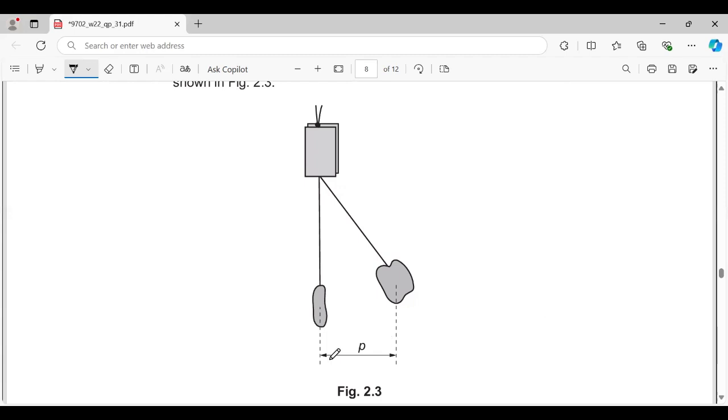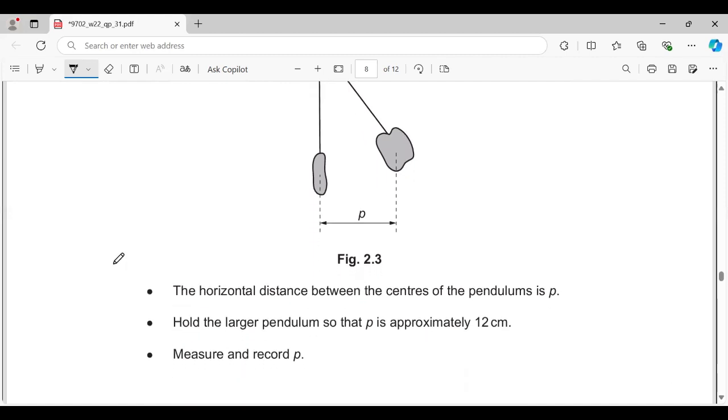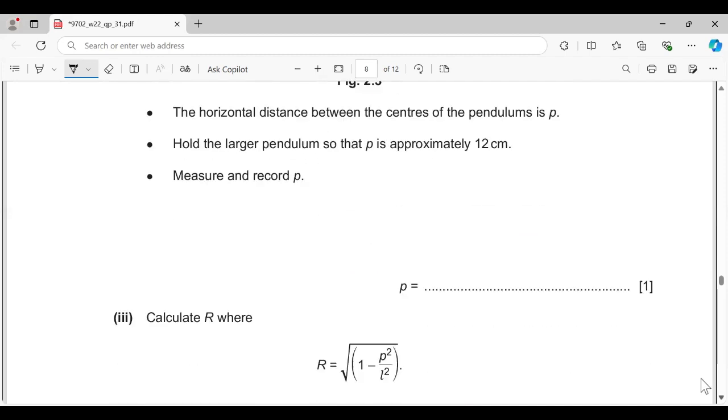For me, I have determined P. The horizontal distance between the centers of the pendulums is P. Hold the larger pendulum in this position, and after that, measure and record P. P is 12 centimeters.